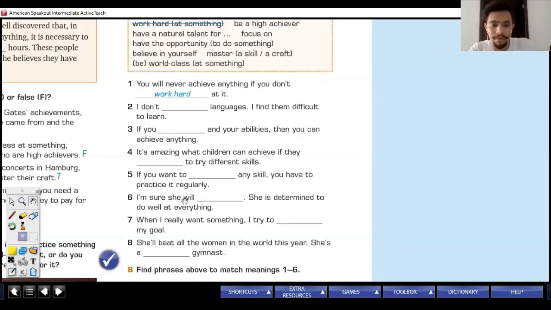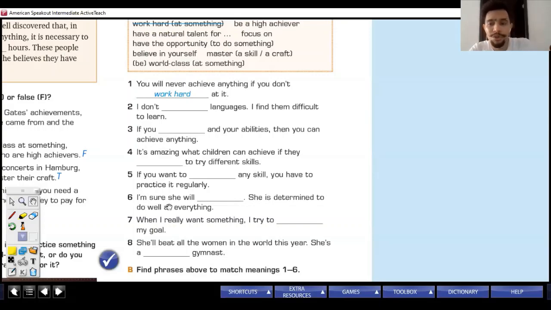I'm sure she will... believe in yourself. Which one? No, we already used this one. You used it here. If you believe in yourself and your abilities, right? So this is number 6. This is different. It's another one.